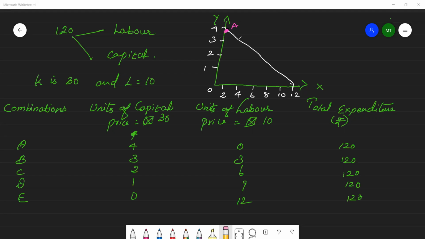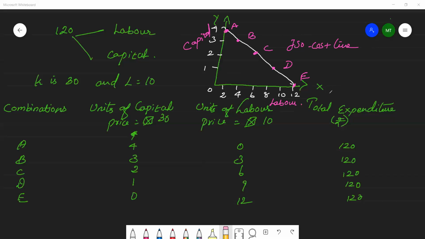Next, this 3 is the B point, then 2 is the C point, 1 is the D point, and 0 is the E point. So it is an isocost line, with capital on one axis and labor on the other. This is the format that is given.